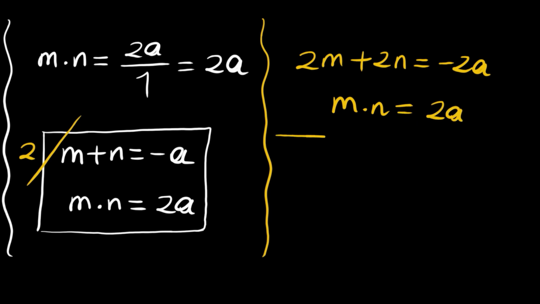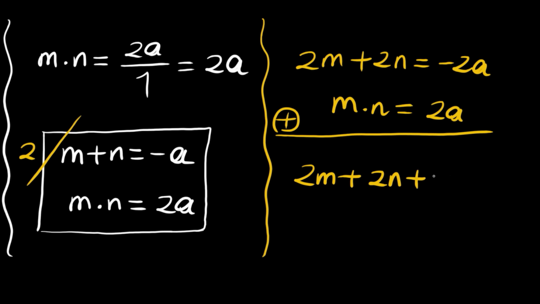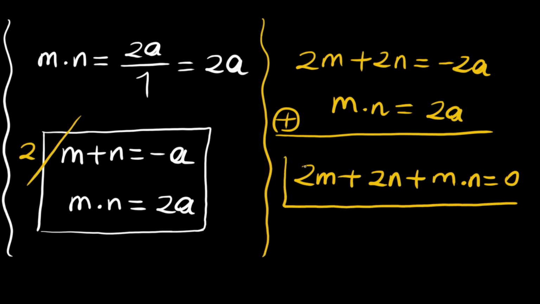So adding these two equations, we will have 2m plus 2n plus m times n is equal to 0. Now this is very good, since this is a Diophantine equation. We can find our integer solutions from this.